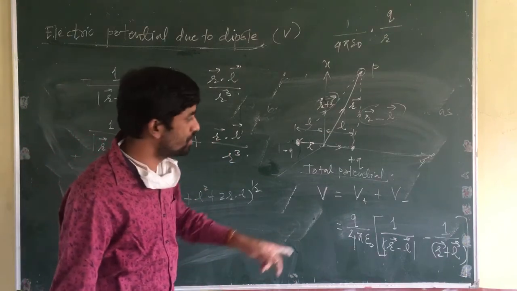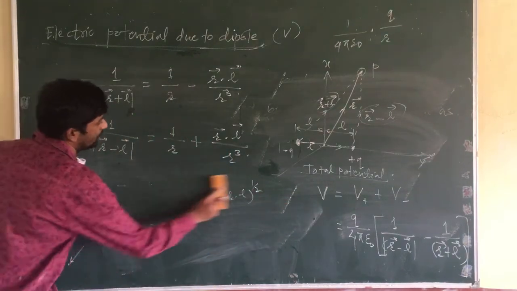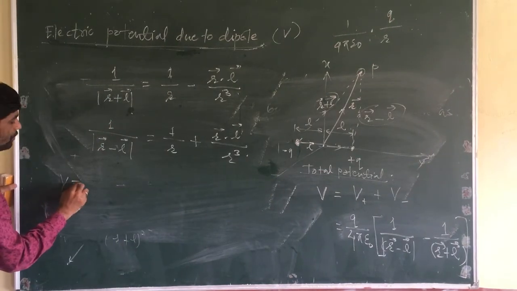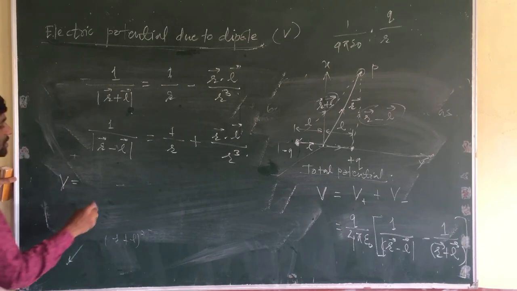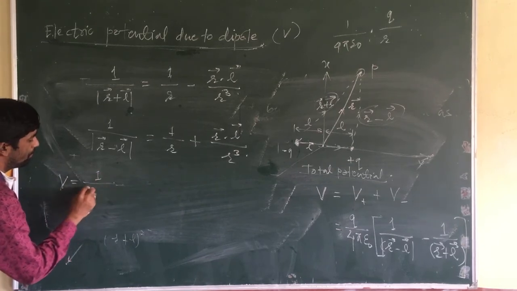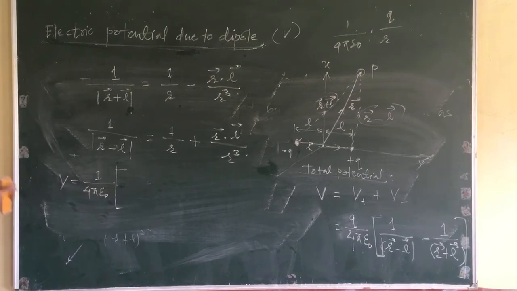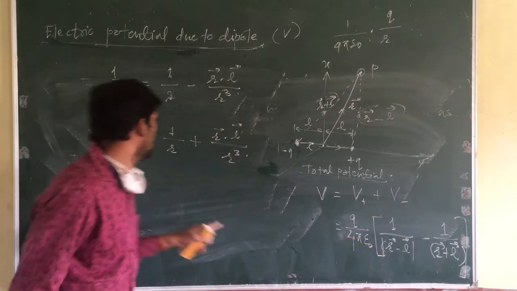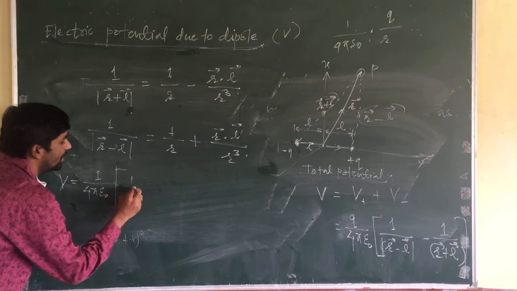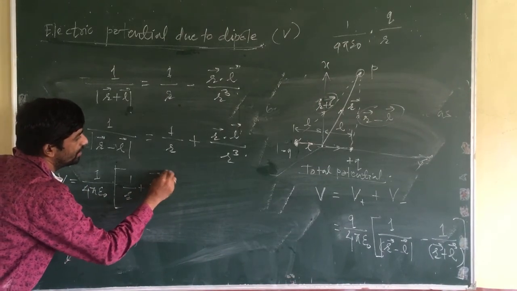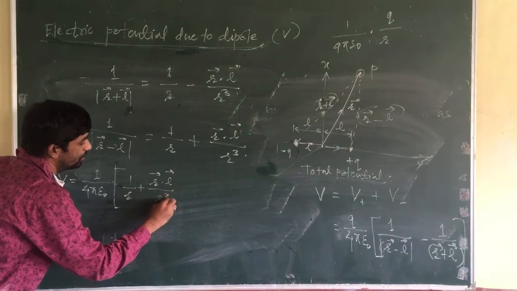So if you substitute this value here, you will get the potential V. What is the potential then? V is equal to 1 upon 4 pi epsilon naught. So what is the value of 1 upon R minus L? This value is 1 upon R plus R vector dot L vector divided by R cube, okay.